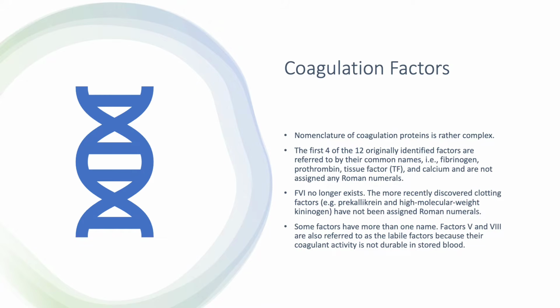Nomenclature of these coagulation proteins is rather complex. The first four of the 12 originally identified factors are referred to by their common names, that is fibrinogen, prothrombin, tissue factor, and calcium, and are not assigned Roman numerals. Factor 6 no longer exists.